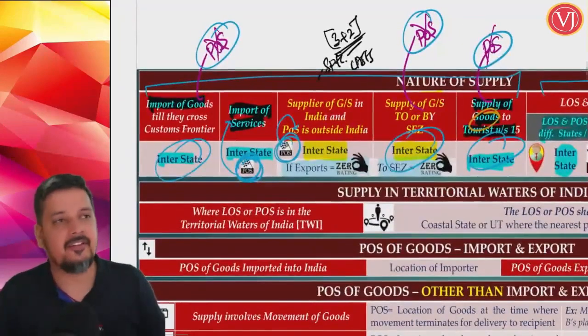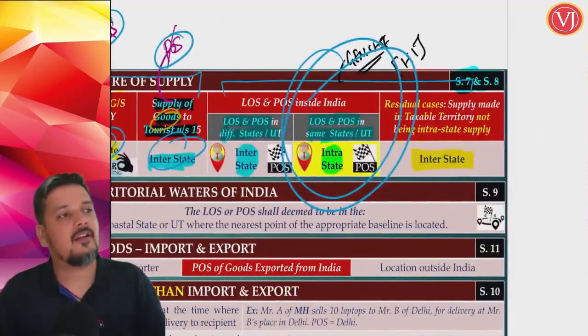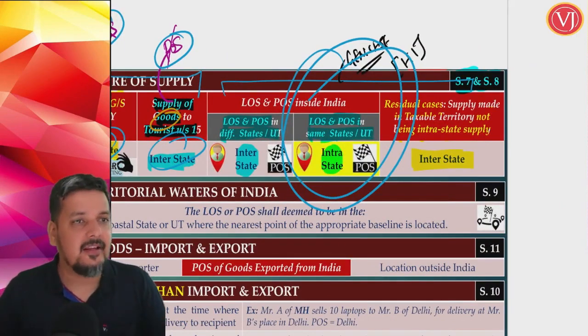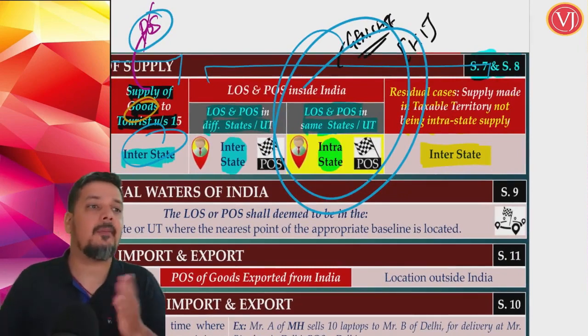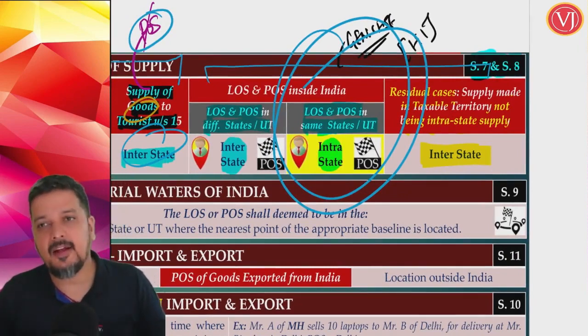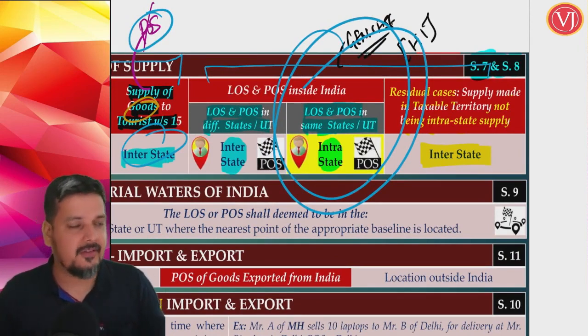All the 5 special cases are interstate supply. In 3 cases, place of supply is not at all required. In 2 cases, place of supply is required, but it is interstate supply. And in the general case, if you don't know LOS, POS, it is always interstate supply. If you know it, it may be intrastate, it may be interstate. That is all about section 7 and 8.